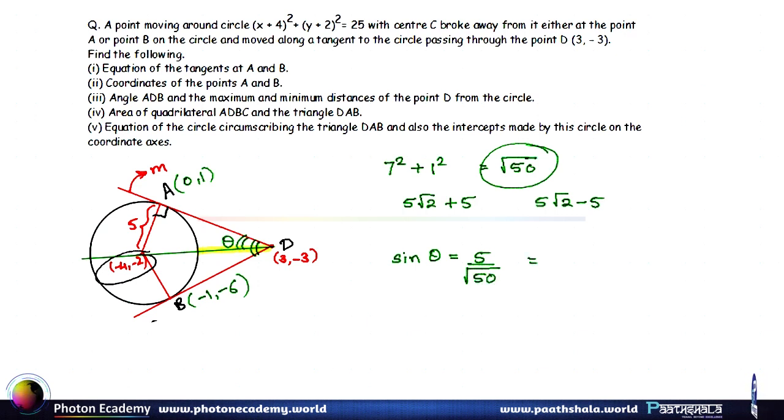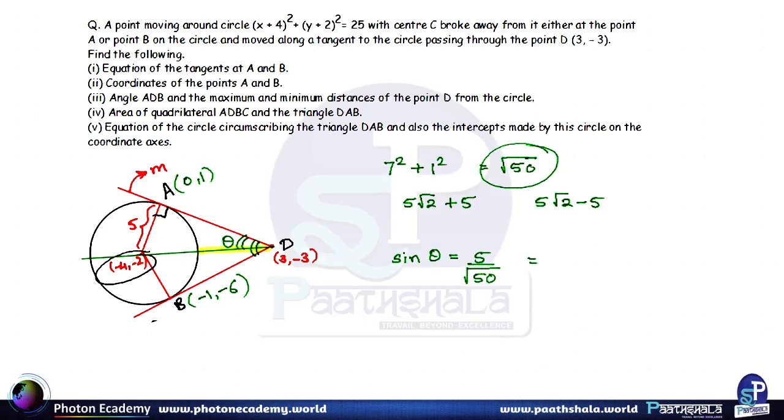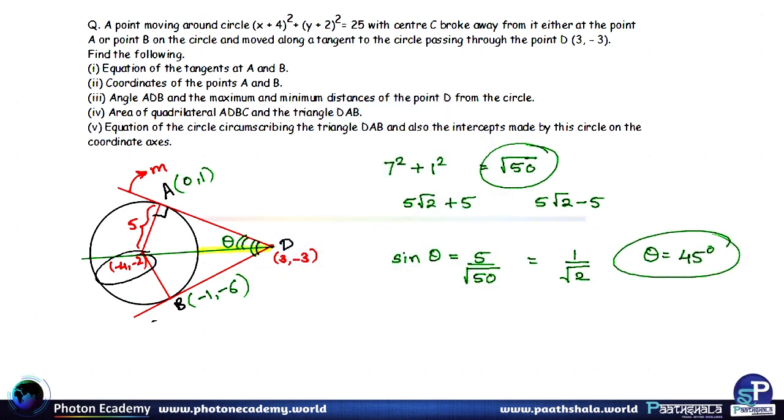So let's just write that as root 25 upon 50. So that will become root of 1 by 2. So that is 1 by root 2. So basically theta is equal to 45 degrees. So 2 theta, that is the measure of the angle that was asked, angle ADB, will be equal to 90 degrees. Okay.